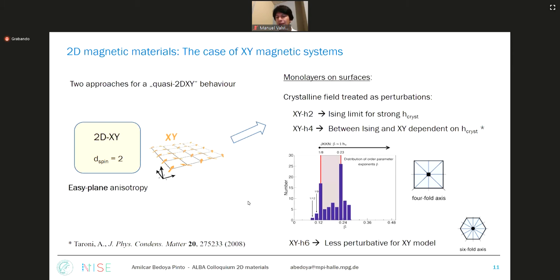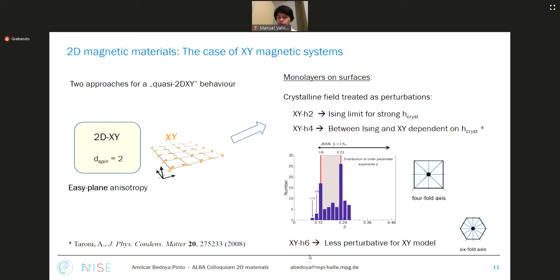Furthermore, there are also theoretical and experimental studies showing that usually when you drive crystalline fields on these monolayer samples, you will have a competition between Ising and XY, depending on the type of symmetry that you have. Usually in the theory, they calculate an easy-plane system with a fourfold crystalline field perturbation, and in this case you have a competition between these two.